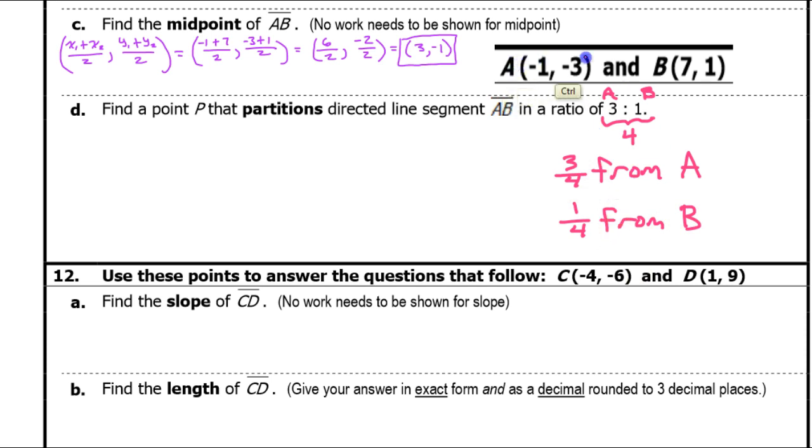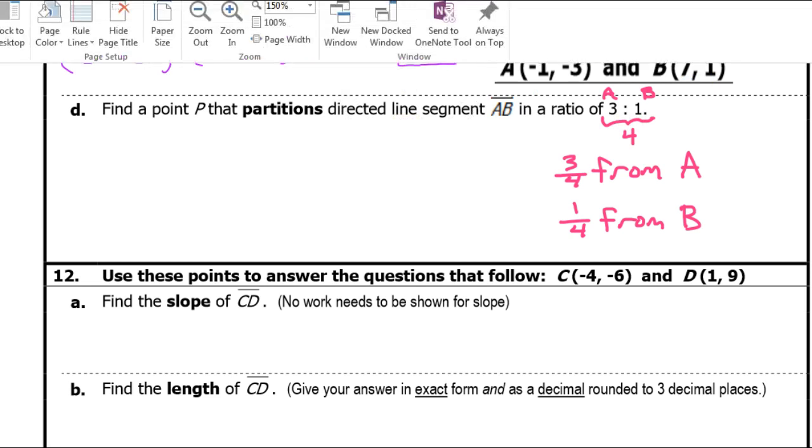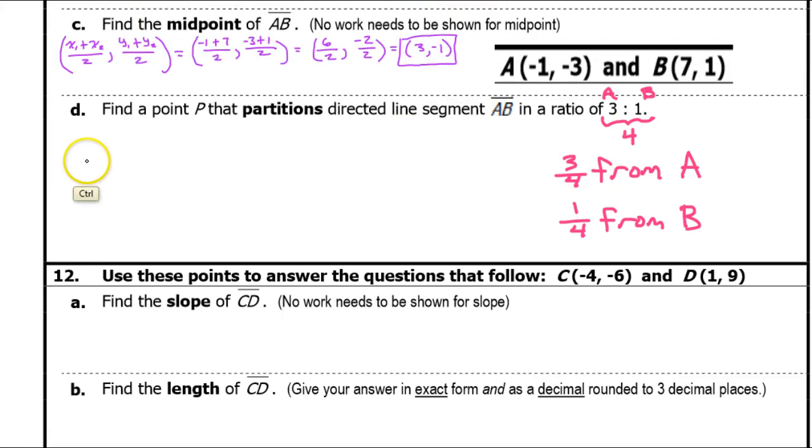Because we are dealing with x's and y's, my recommendation to you is diagram the x's and y's separately. So I'm going to deal with my x values over here, and I'm going to deal with my y values over here.